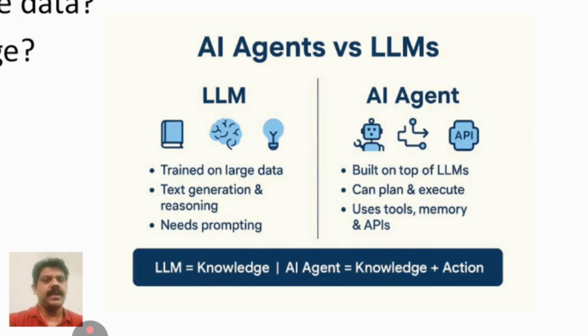It is using tools, memory, and APIs. So an AI agent is more versatile than an LLM. Here the equation makes you understand clearly: LLM is knowledge, while an AI agent is a summation of knowledge with action.